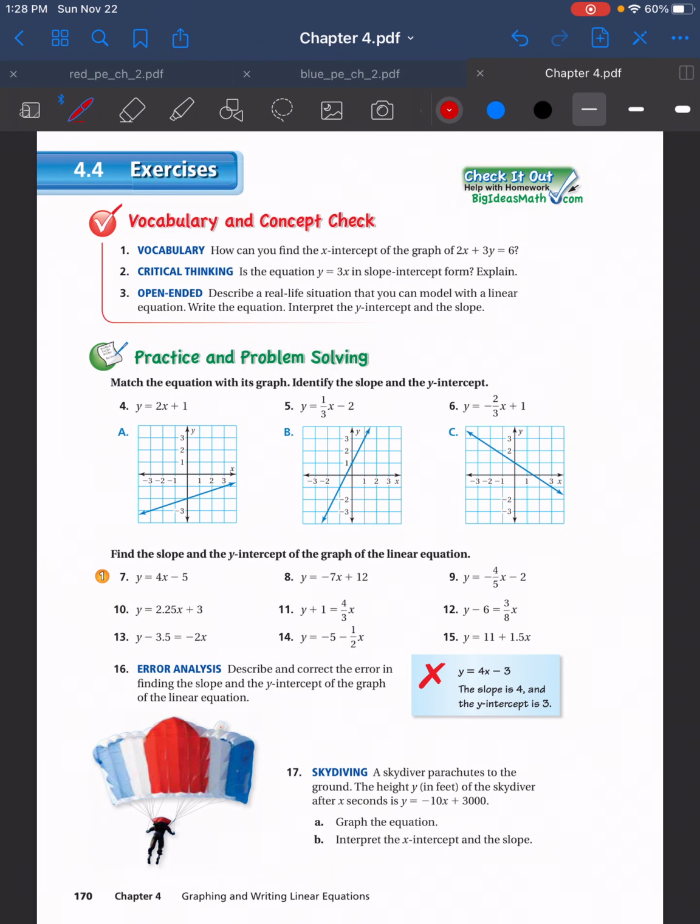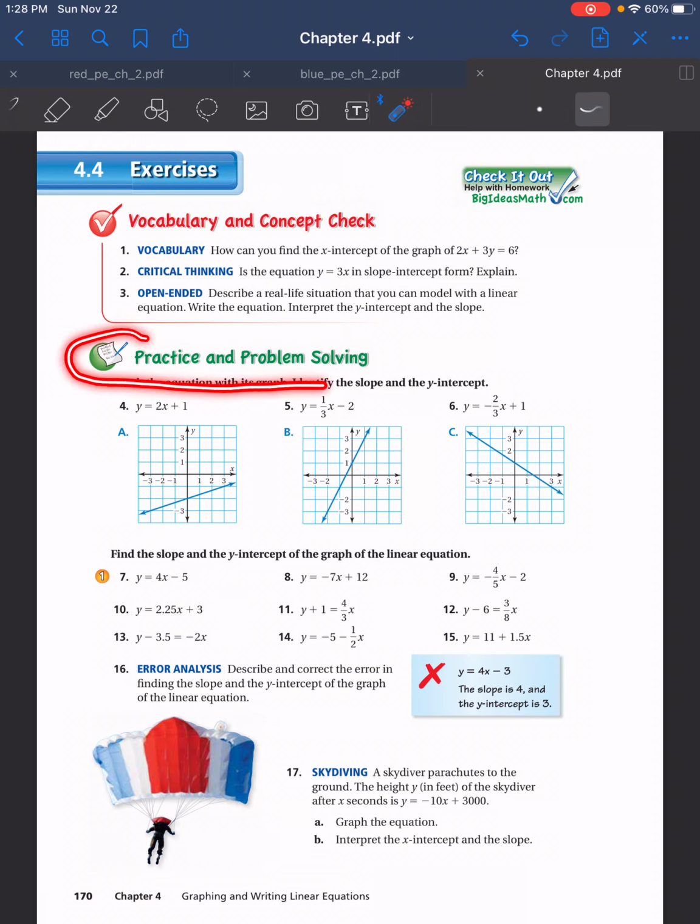All right, and I'm on page 170. Now, we're going to stop here, but your homework is not going to be these practice problems that we usually do, okay? Your homework is going to be on a worksheet that I'm going to add on the Google Classroom, okay? How I want you to do your worksheet is I want you to either print it if you're at home, if you have that capability, or write them down on a separate sheet of notebook paper.